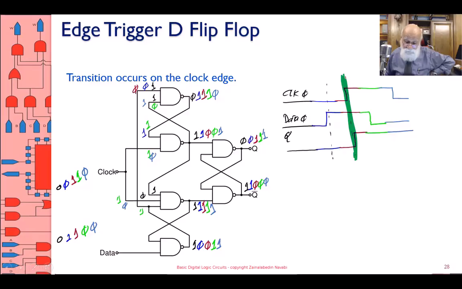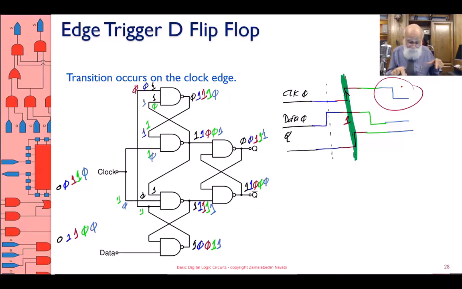The value of D at this point is 1, and therefore that 1 after the rising edge of the clock goes from 0 to 1. If during the clock I change my D to 0 to 1 to 0, nothing affects it. You are also seeing that the falling edge doesn't have an effect either.